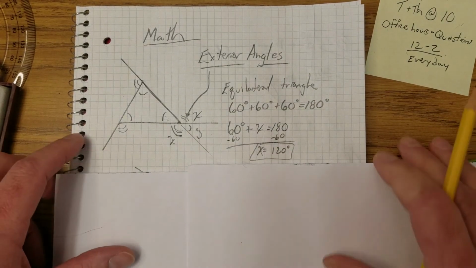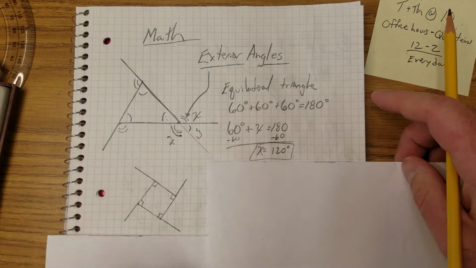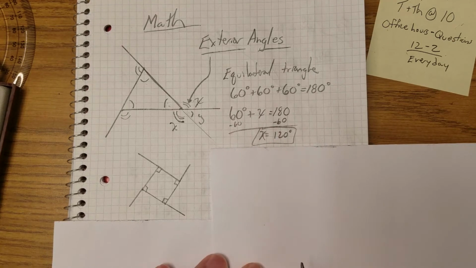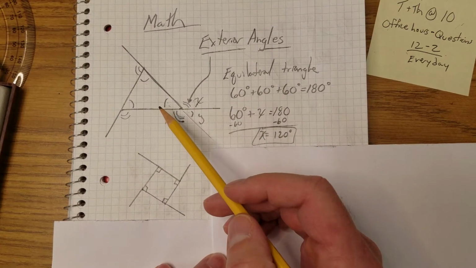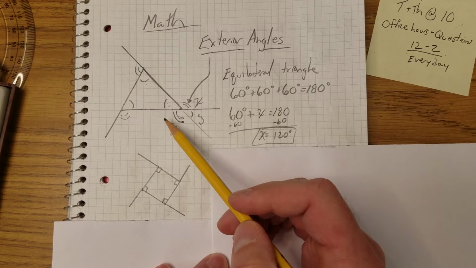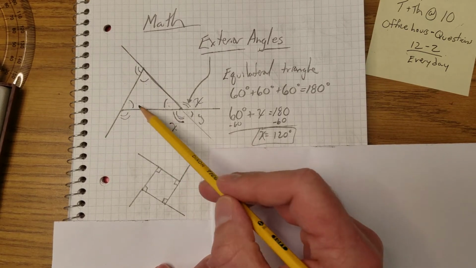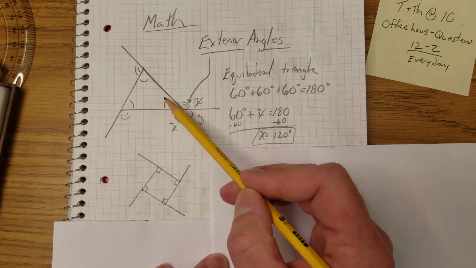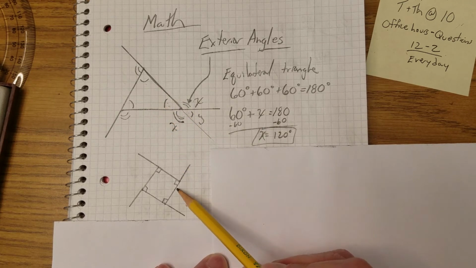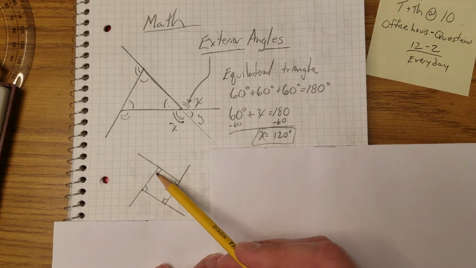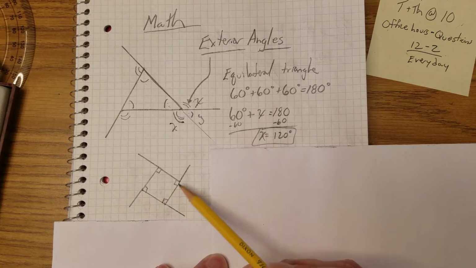The reason I ask is because let's say we have a square. Now, we just learned yesterday that the interior angle sum theorem, 60 plus 60 plus 60, 180, is the measure of the interior angles of a triangle. 360 is the interior angle sum of a square or rectangle. 90 times 4, 90 plus 90 plus 90 plus 90 is 360.